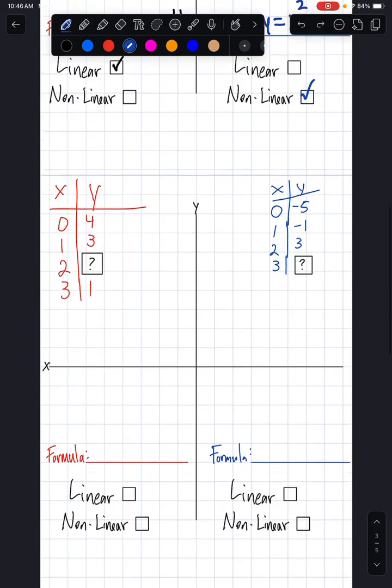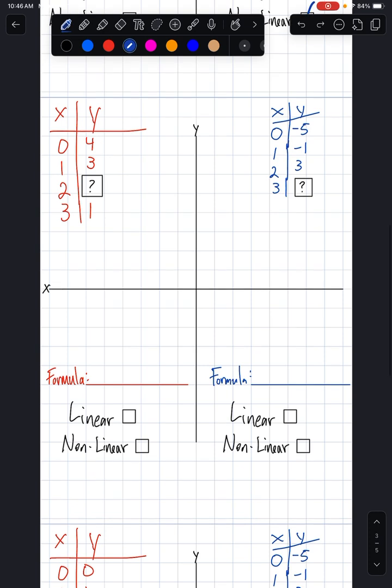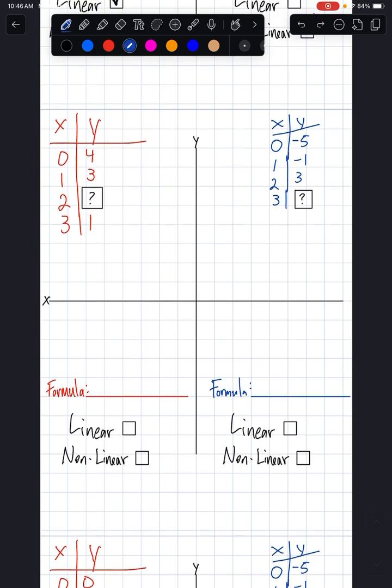All right, next one. I'm going to graph these, but what I want you to do is fill in the blank here and guess what you think that value is going to be. And I'm going to write in the values here. So 0, 1, 2, 3, 4.